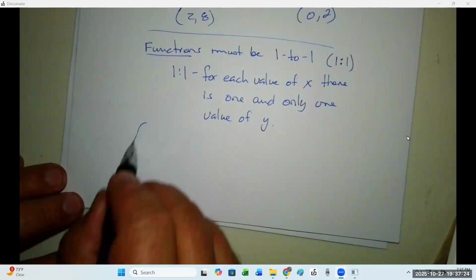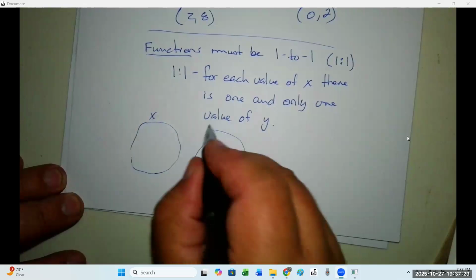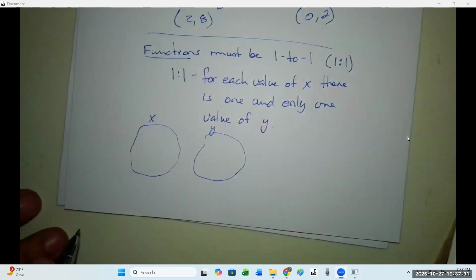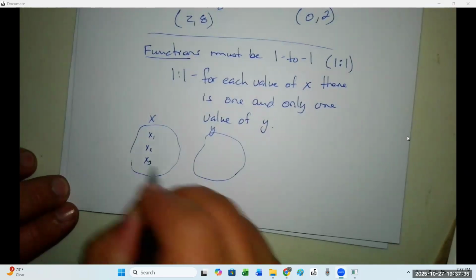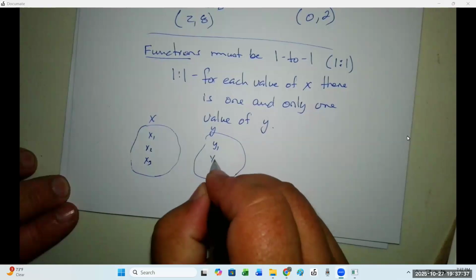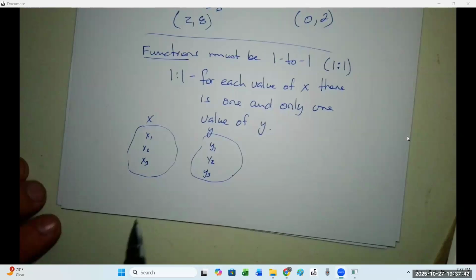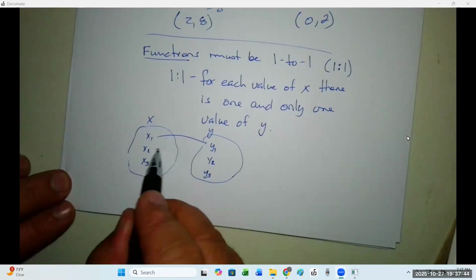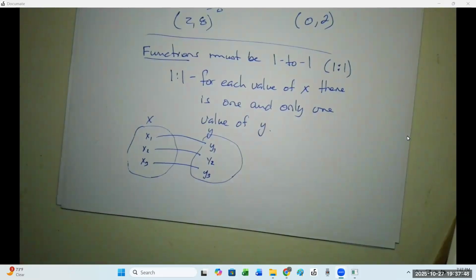So if we look at the x values here and the y values here, I have x1, x2, x3, y1, y2, y3. So each x value goes to one and only one y value. That's a function.